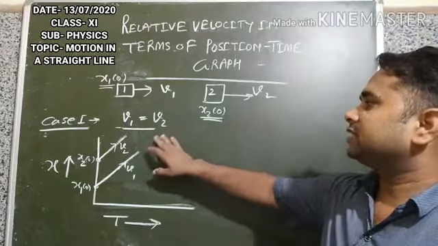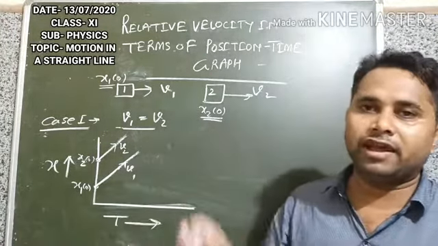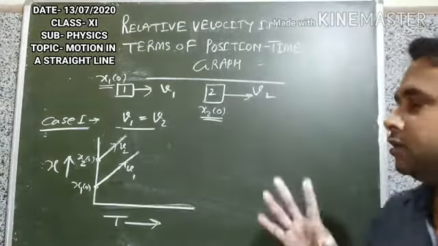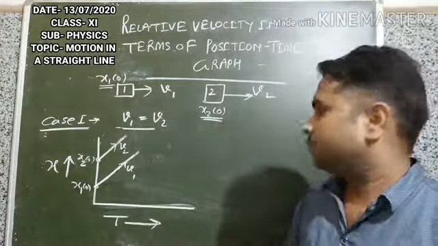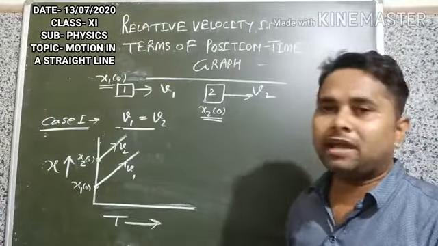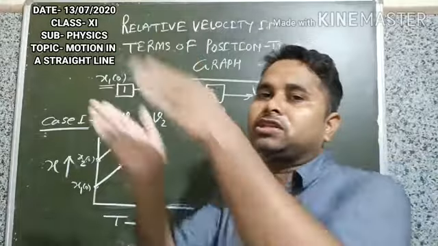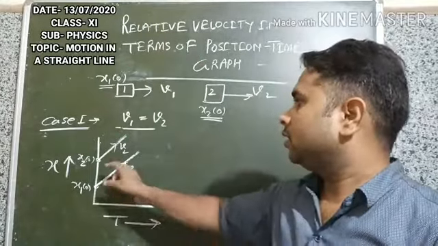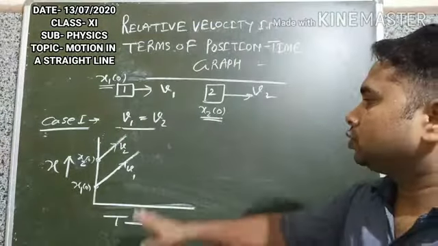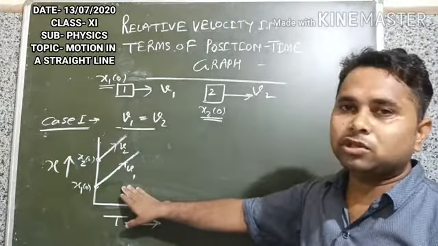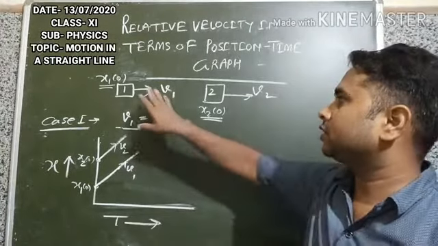Since both objects have the same velocities, both graph lines will also have the same slope. And if both have the same slope with the time axis, then both will remain parallel to each other. See here, both lines are parallel to each other. Same slope means same velocities, and this is our case here.